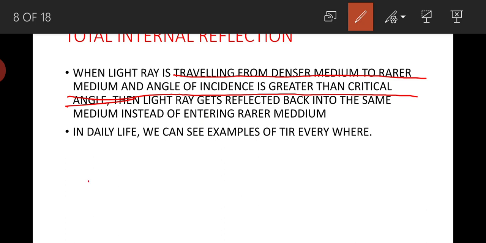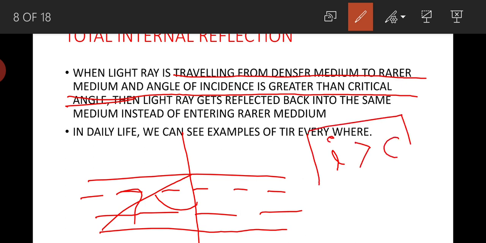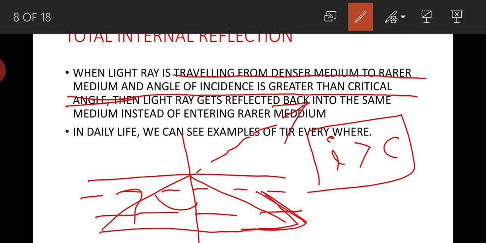For example, if a light ray is traveling from water to air, it means when it is traveling from a denser medium to a rarer medium, and if the angle of incidence is greater than the critical angle, i is greater than C, then the light ray, instead of going into the rarer medium, will reflect back into the same medium, back into the denser medium.